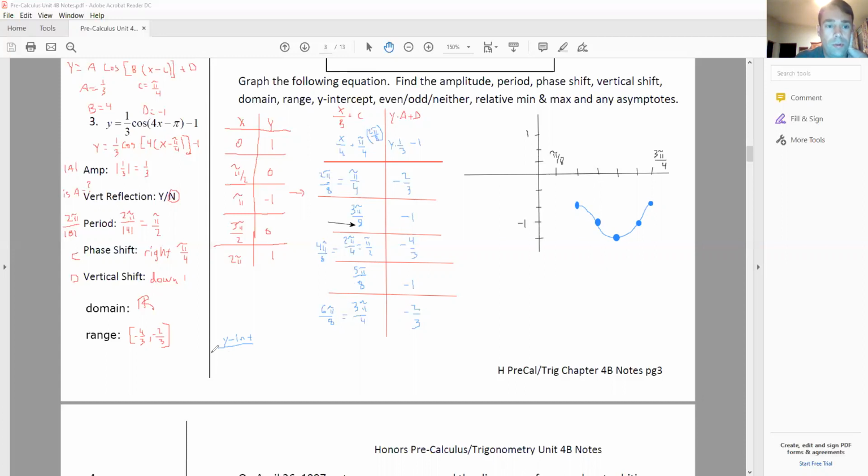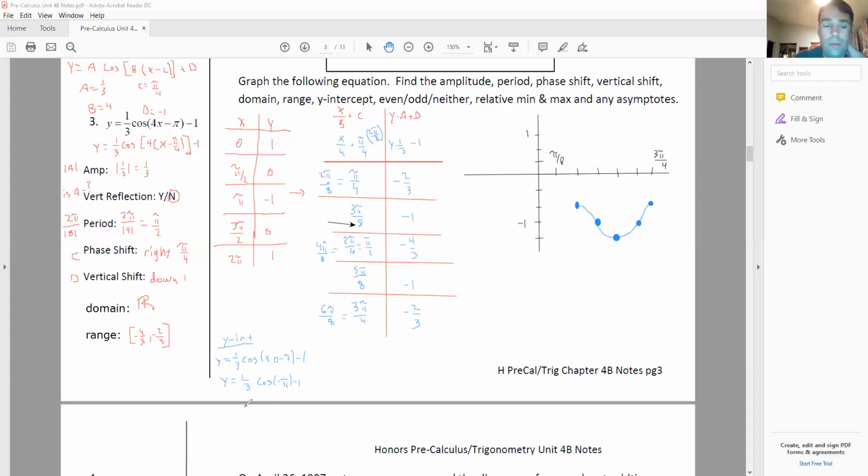So my y-intercept, I'm plugging 0 in. So y equals 1/3 cosine of 4 times 0 minus pi, minus 1. So I get y equals 1/3 cosine of -pi, minus 1.